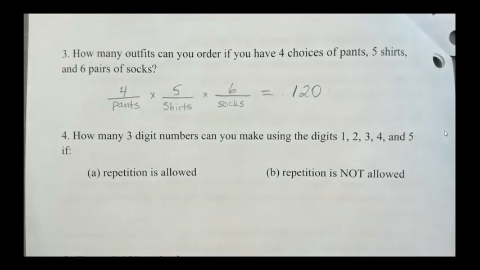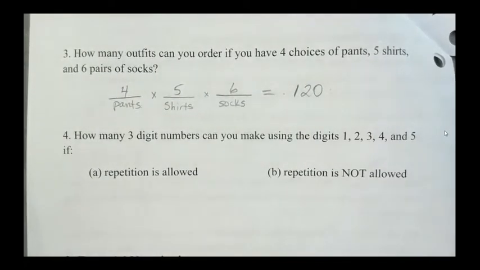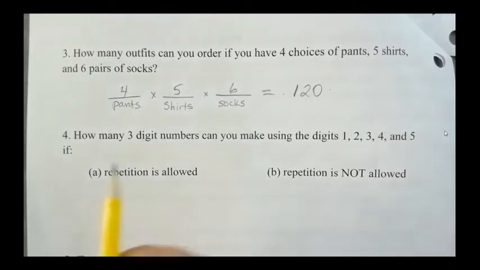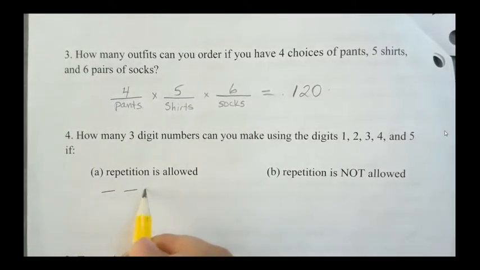Okay. And then finally, for this fundamental counting principle, how many 3-digit numbers can you make using the digits 1, 2, 3, 4, and 5 if repetition is allowed? So when we say repetition is allowed, then that means I could have a number like 1, 1, 1, okay?